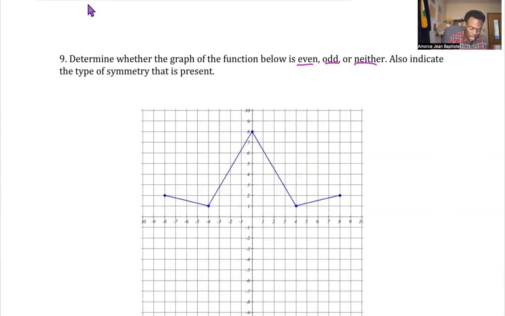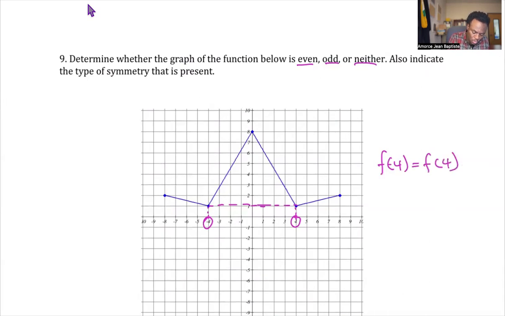So, since I see 4 and -4 are very noticeable. So let me see what is it for -4. -4 is, both of them will give me 1 as their y. So I see that f of -4 is the same as f of 4.